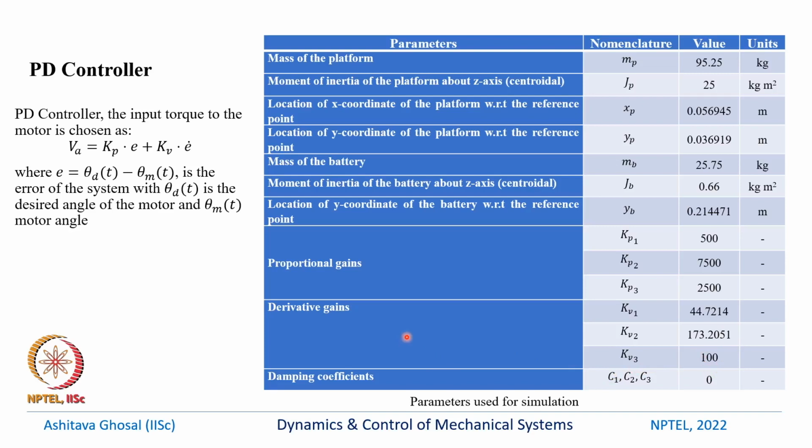Remember, we had three variables, and these are the proportional and derivative gains for those three differential equations, and the three variables which go into this model of the state equations.